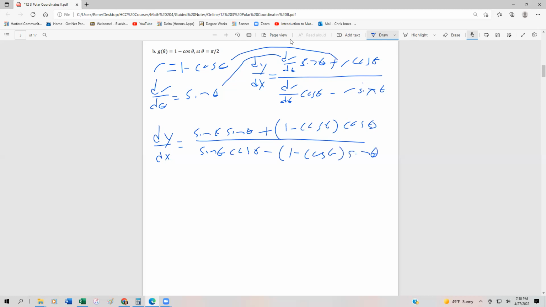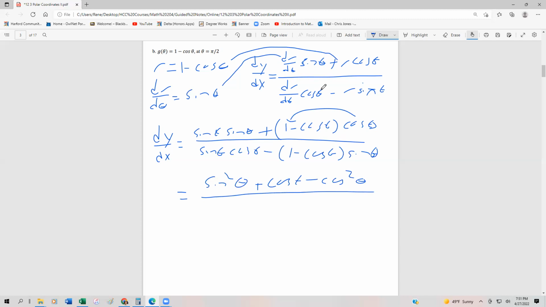Now, if we were to simplify this, which we should, this actually works out to be a really nice simplistic sort of polar function, because in the numerator we're going to end up with sine square theta plus 1 times cos theta, that would be plus cos theta minus cos square theta.